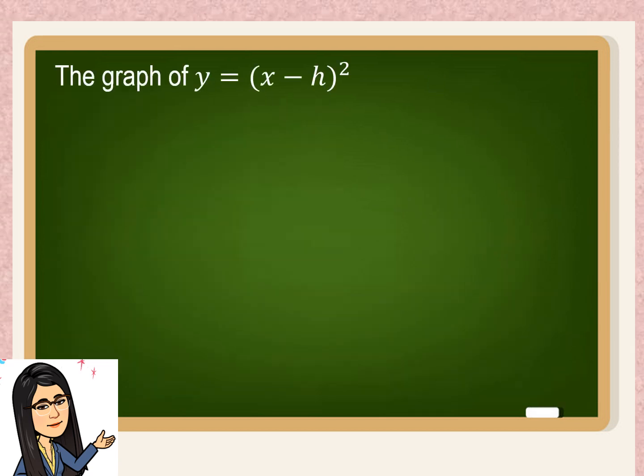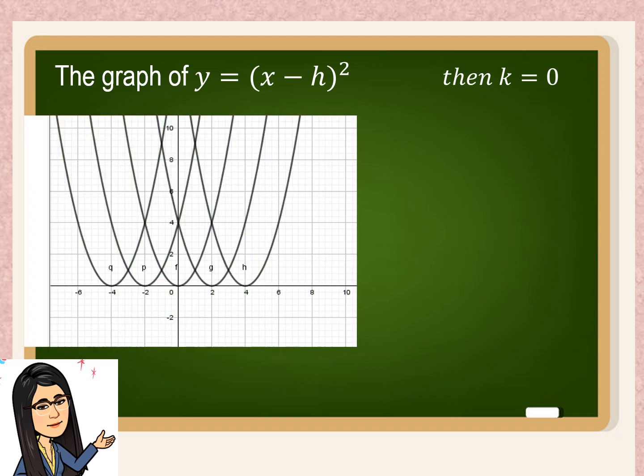Now let us see the graph of y is equal to the square of the quantity x minus h, where k is 0. Now look at the graphs. The vertex is at the origin, so the function is y is equal to x squared.